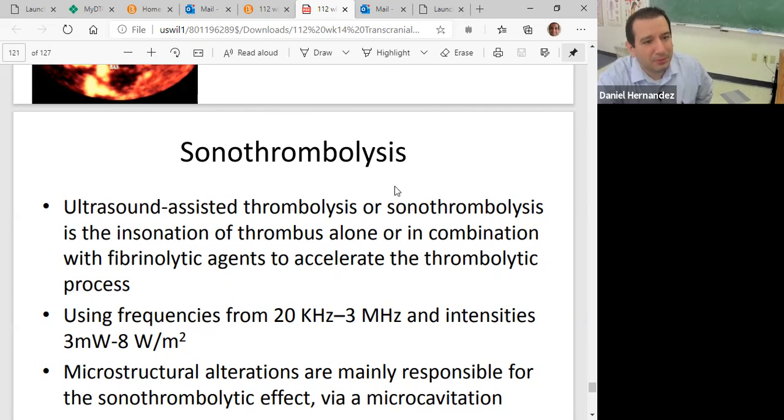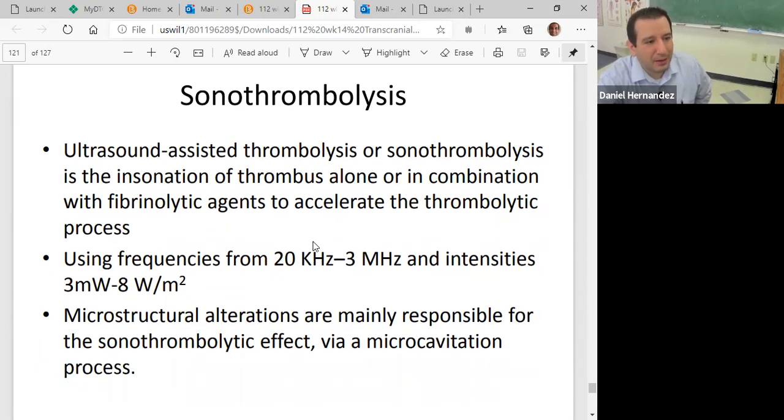In our peripheral vascular lab, we use a contrast agent which acts as a thrombolytic agent because that contrast, when it interacts with the ultrasound beams, creates a microcavitation.